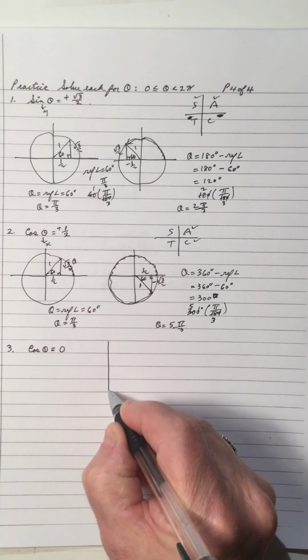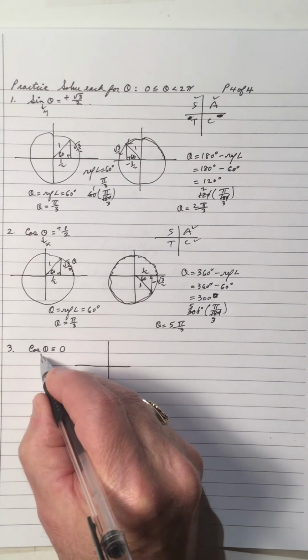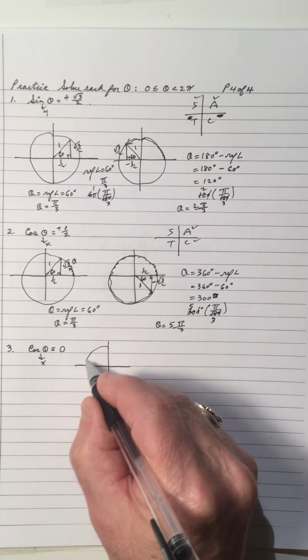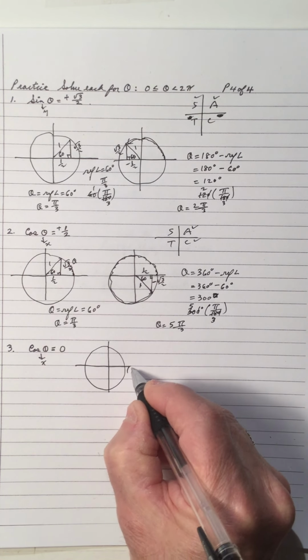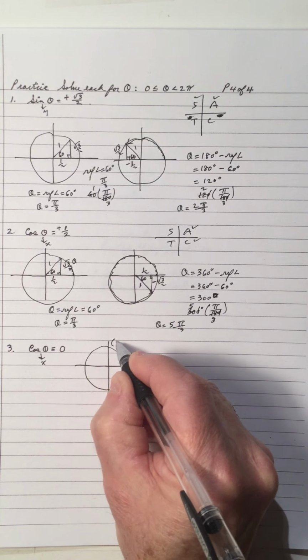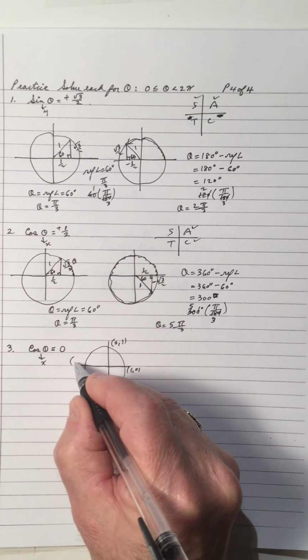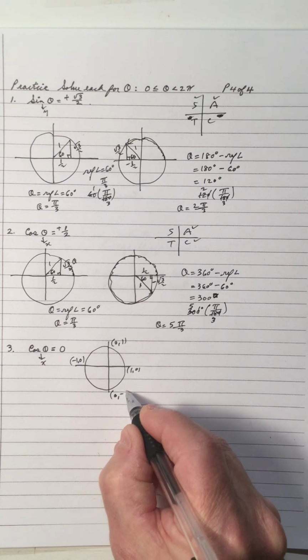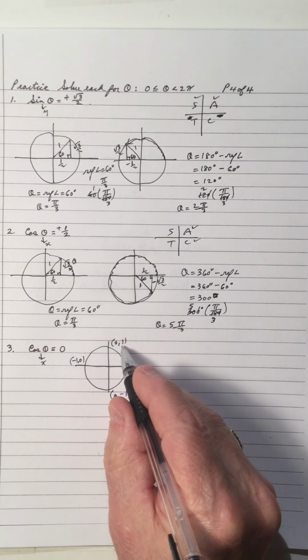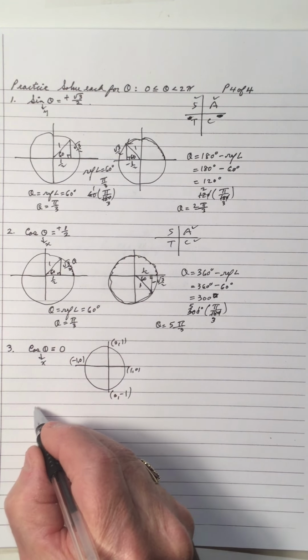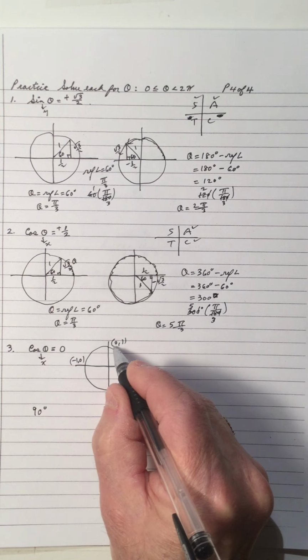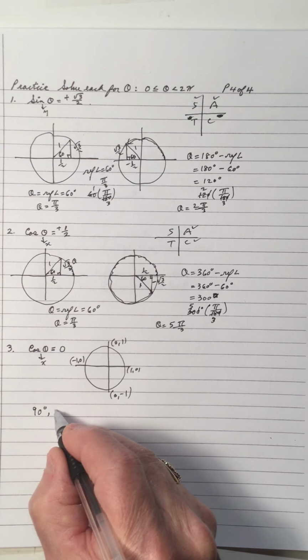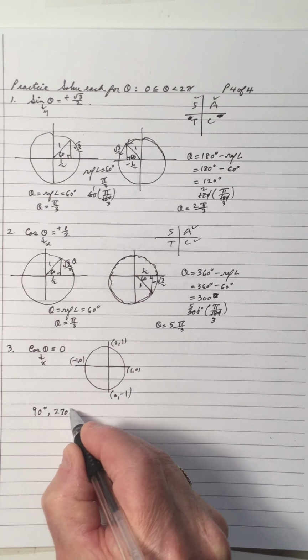Cos is equal to 0. So we have the circle. Cos is the x. So we have 1, 0, 0, 1, negative 1, 0, and 0, negative 1. Cos is the x, so x is 0 at the 90, and x is 0 at the 270.